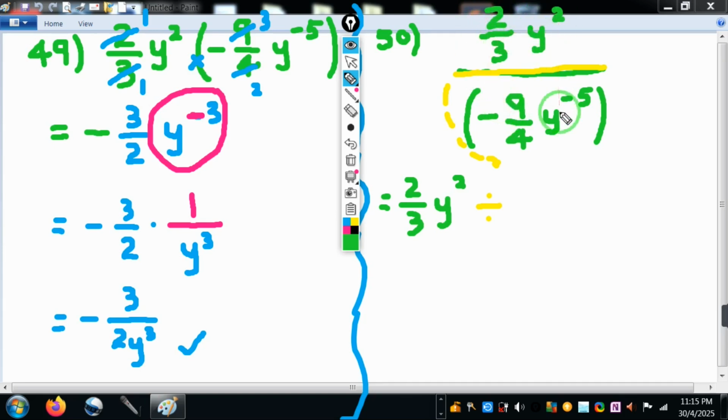Then y squared. Let them be, because we can make mistake here. So I don't want to allow even one micro dot of a mistake here. Then here you watch out, it's minus the 9y minus 5, meaning y to the power of minus 5, put upstairs. Instead of 9 over 4, you put the over 4 for everything.